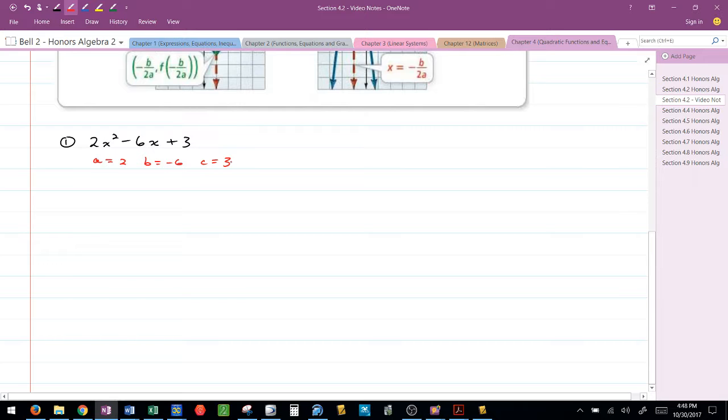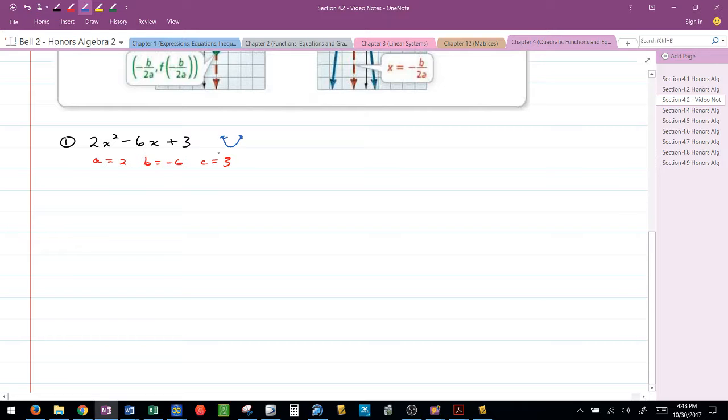So from this information, what do I know about this quadratic right now? Well, the first thing that I know is this is going to be a smile. I know that a is positive, which means it opens upward, and that gives me a wealth of information right there.